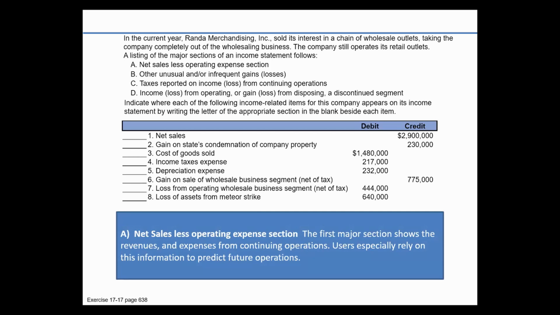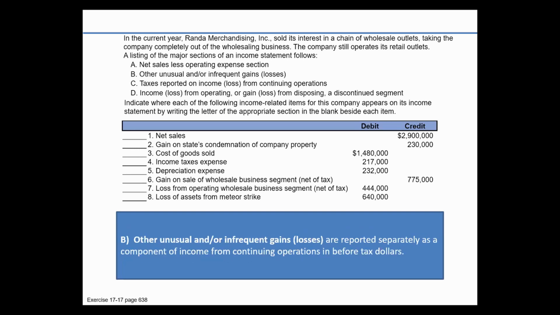Users especially rely upon this information to predict future operations because that's what the company is going to continue to do. In this case, it would be anything dealing with the retail, because they're going to continue to have their retail operation. They're going to cease doing their wholesale operation. So that would be what A would be.